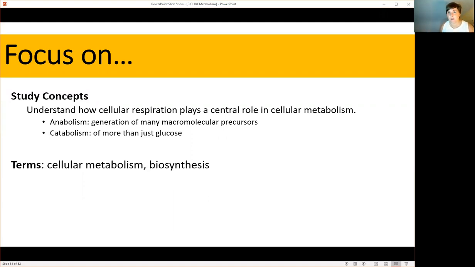You don't need to know what or where is generated and how, just that it can play this central role. You do need to understand the terms cellular metabolism and biosynthesis. It would be very good to be able to distinguish cellular metabolism from cellular respiration.